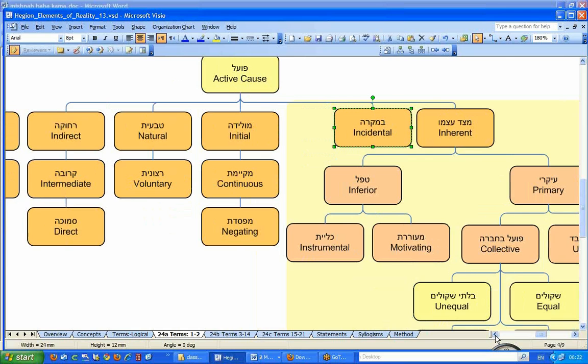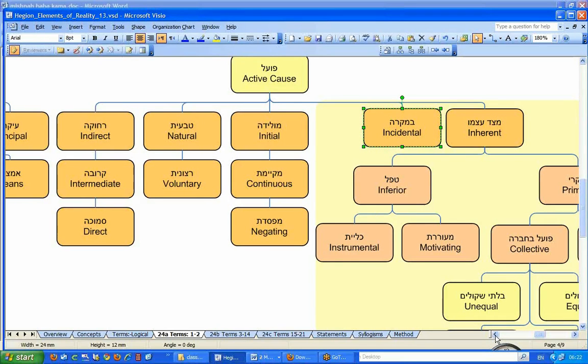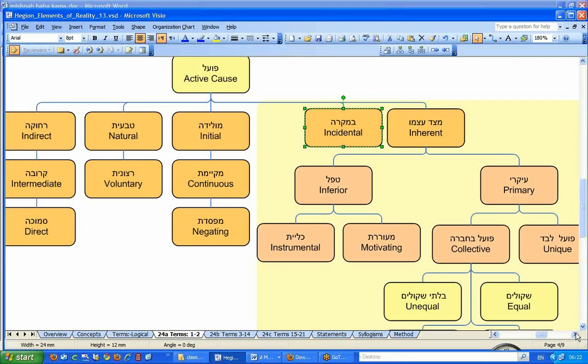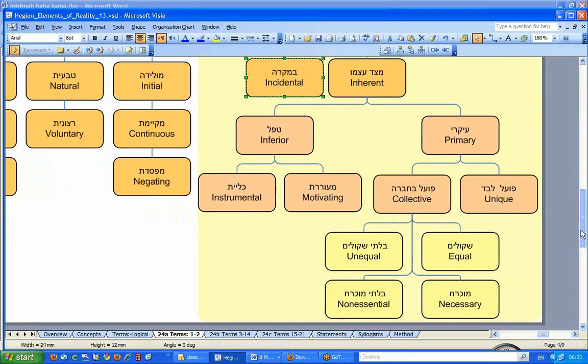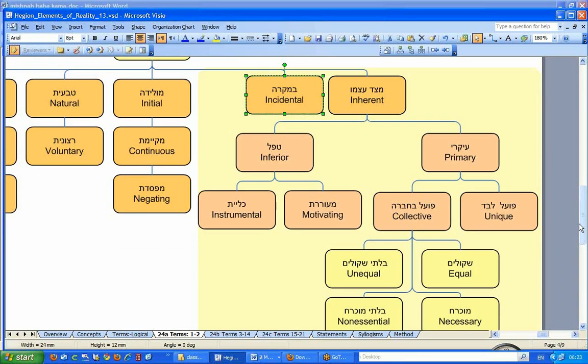Well, we'll have to say that he had no kavanah. Under Mitzat Atzma, you have two things. You have the Tafel, and the other one, which is Ikri. Would you say that it's a Tafel? It's not, because Tafel is... No, it wasn't Masorah. Well, unless you say what was Masorah and was really the other cow.